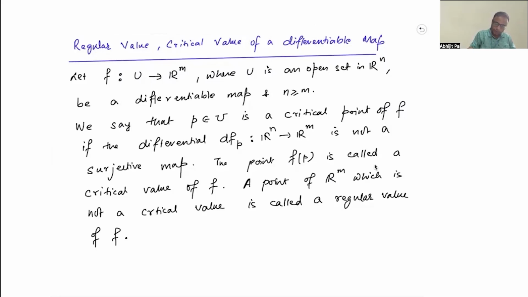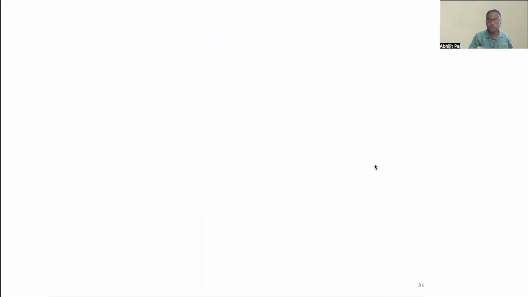Okay, so now let us understand this by some examples. Let us take a function from R to R, f(x) equals x squared.